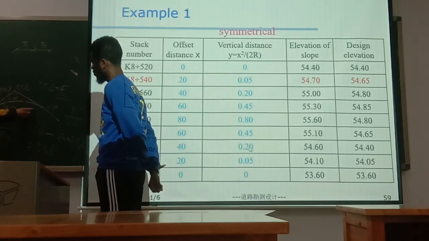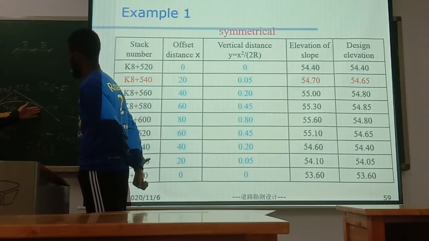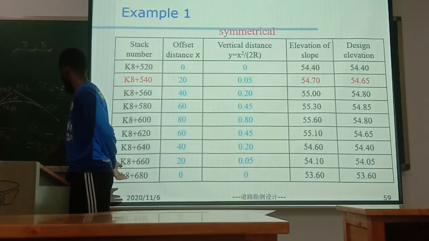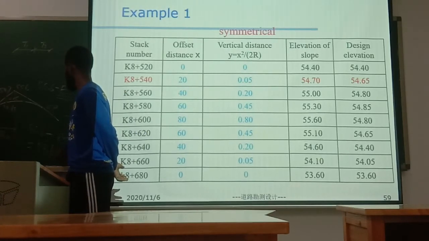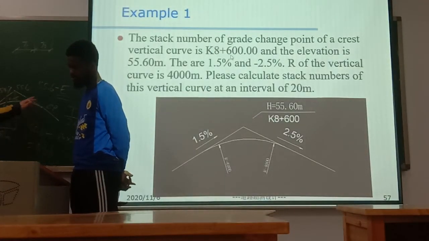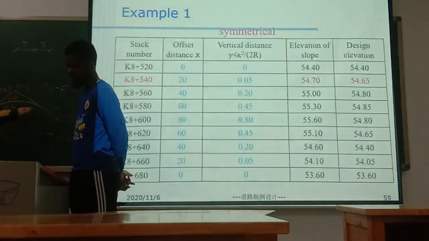On the right side, we use this one. The stake is 8 plus 600.